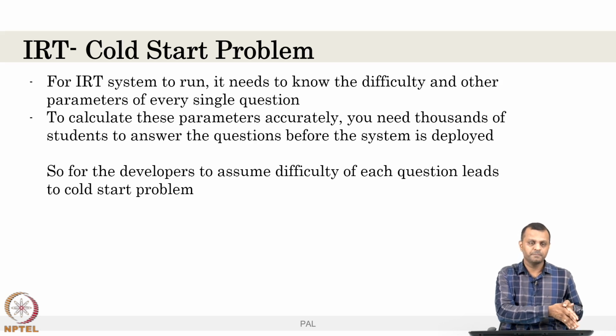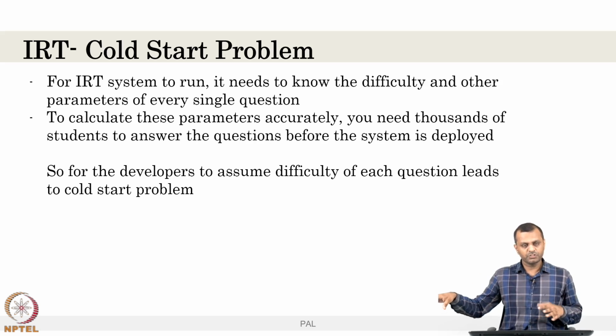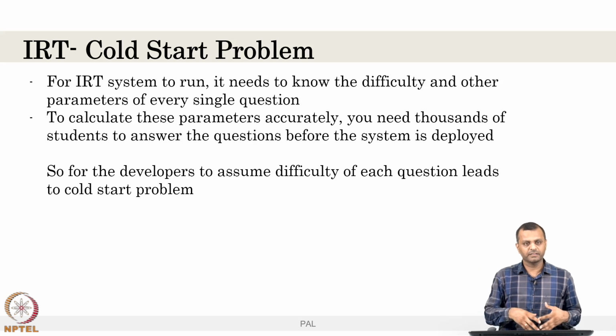So we cannot completely assume the difficulty based on the expert or designer. Instead, we need to implement it with thousands of students, get those data and come back. That is how the item difficulty has to be changed. So the cold start problem is one of the major issues in IRT. Suppose you have created a MOOC system with some 20 questions.